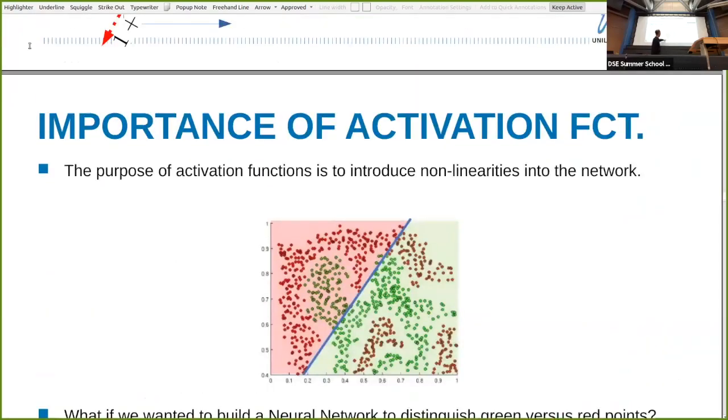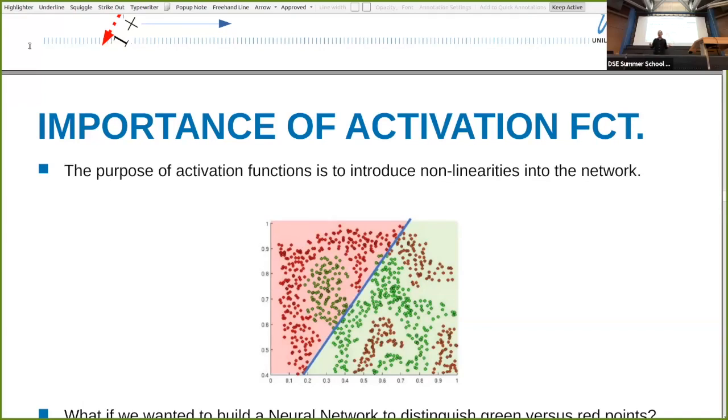So far, if we would not have this nonlinearity, no matter how many weights we would have, and here we have a data set with red and green dots, you could clearly separate them into two classes by hand.